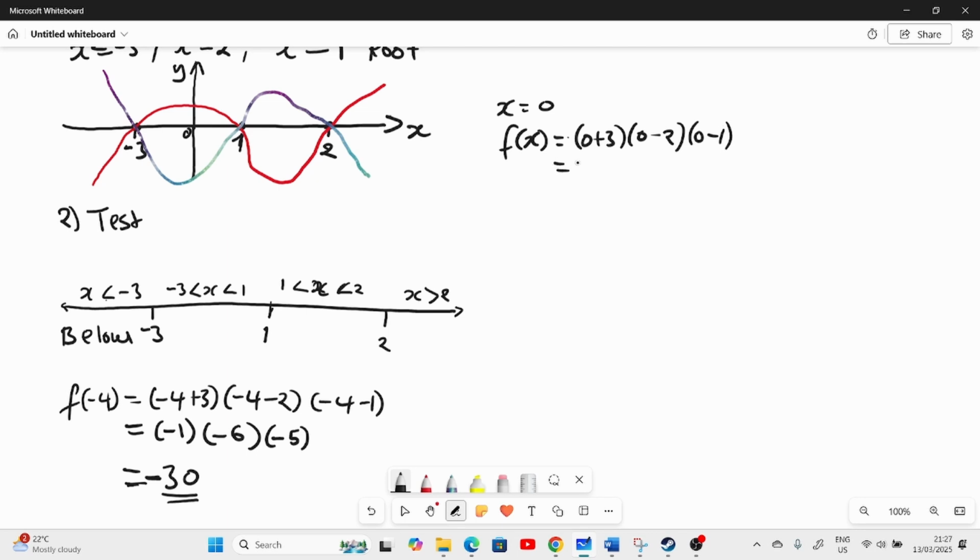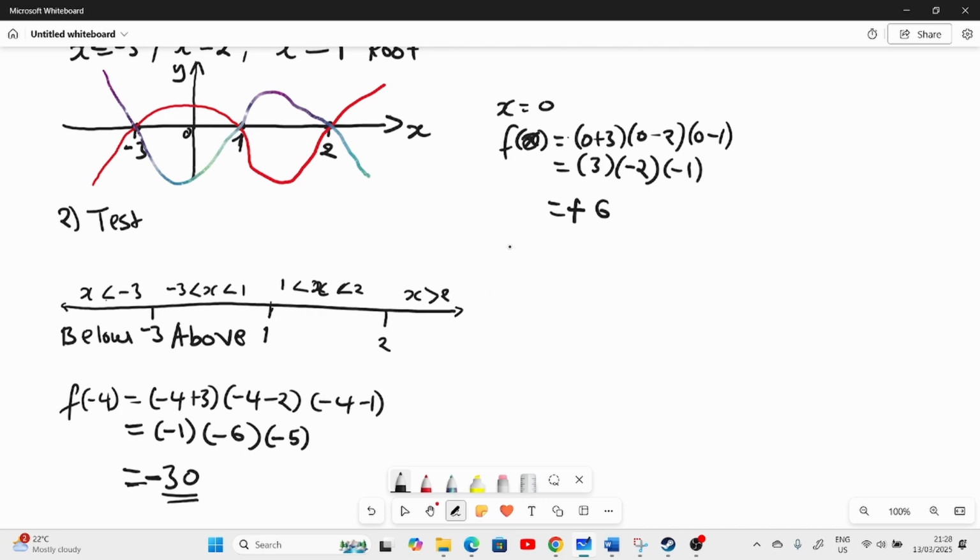So you get 3, minus 2, and minus 1. So you get positive 6. Positive is for above. So the graph between this interval is going to be above the x-axis. I'm using the red one, just agreeing with whatever we're doing here.